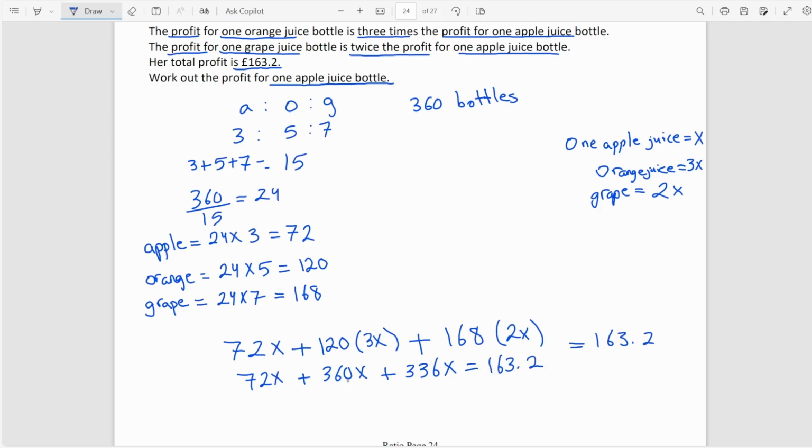163.2. And now we can just add, collect our like terms. So 72 plus 360 plus 336, you can plug this on the calculator, and we get 768x is equal to 163.2. And finally, I will divide both sides by 768 to get rid of the coefficient of x.